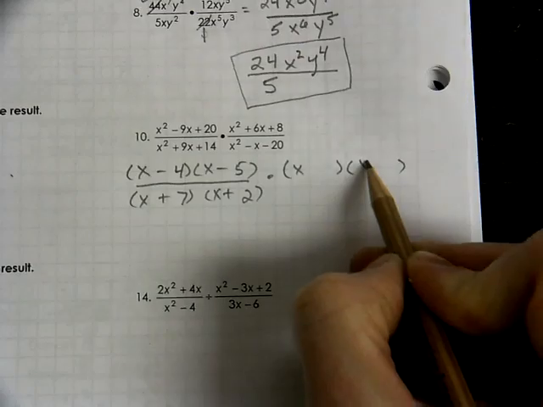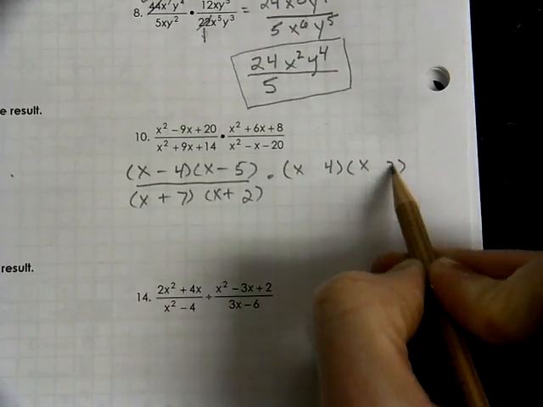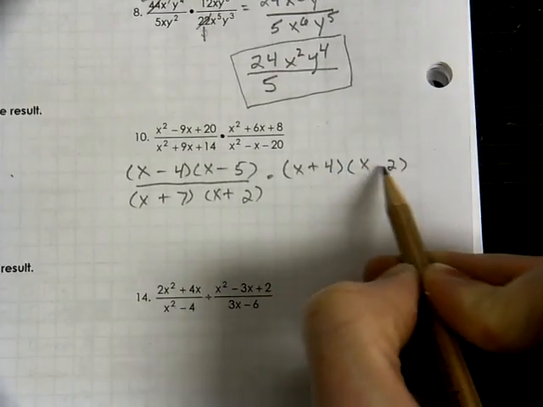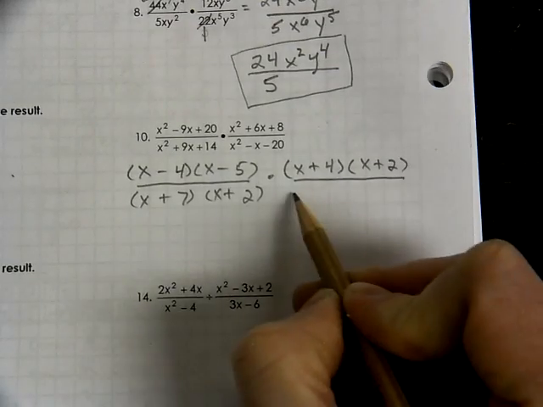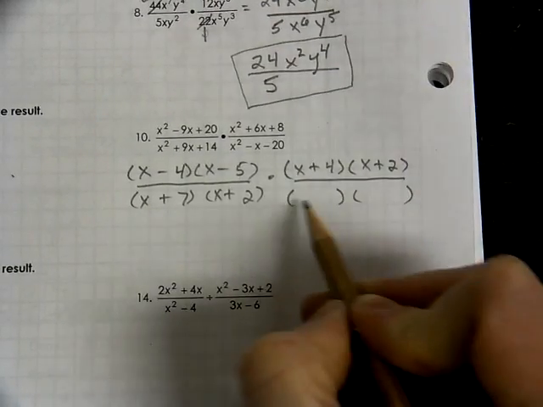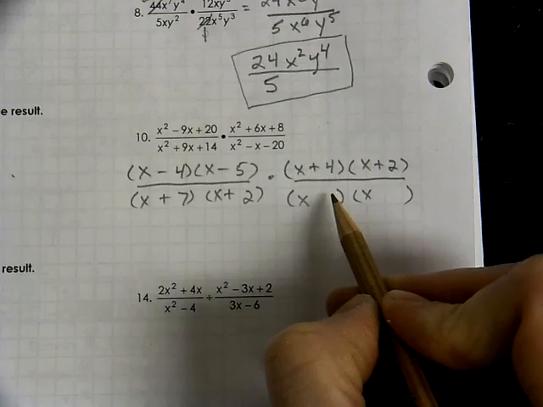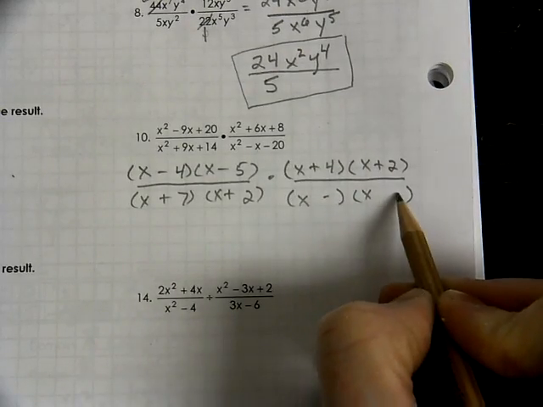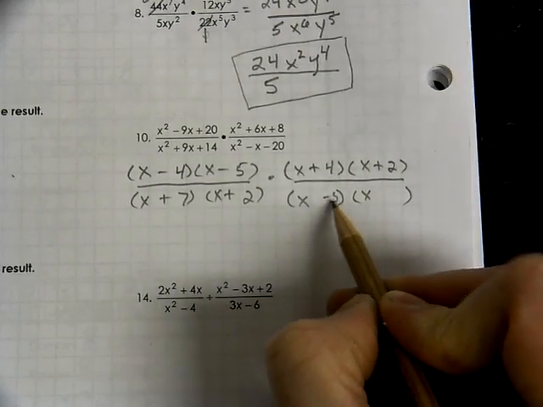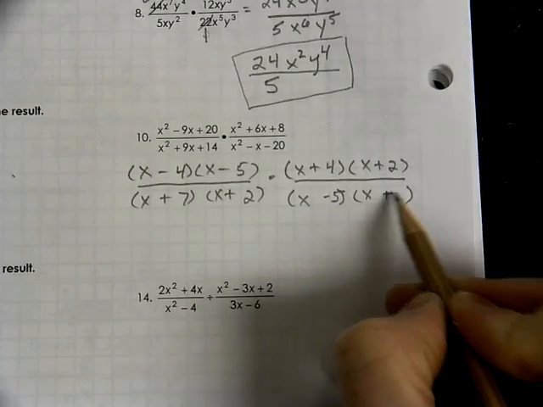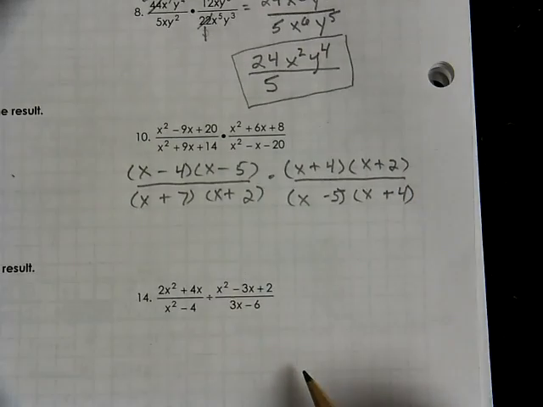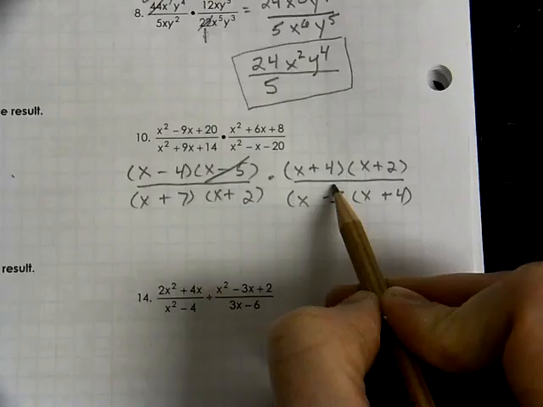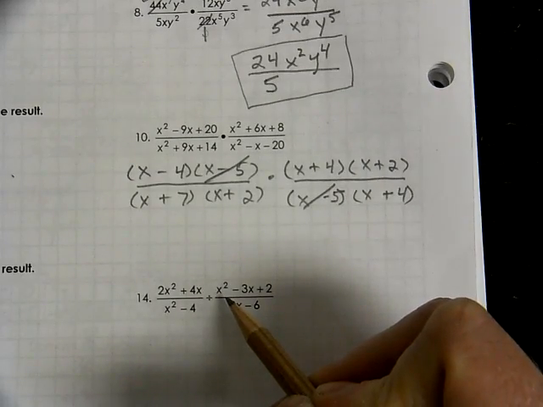What multiplies to be 8 and adds to be 6? What multiplies to be -20 and adds to be -1? Cross out what you have the same.